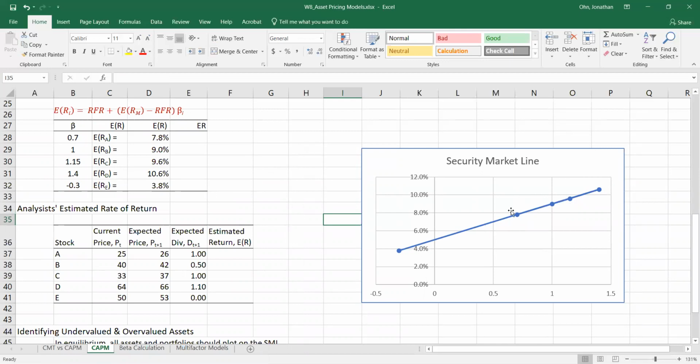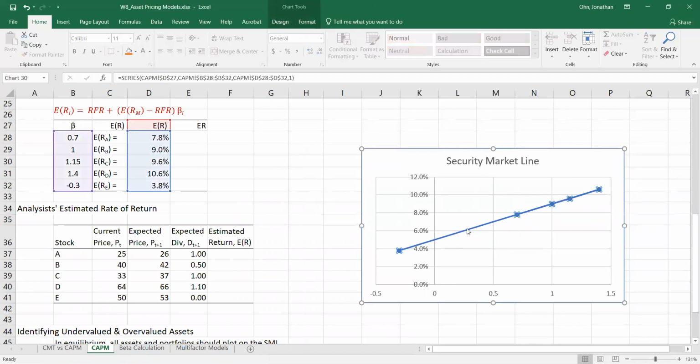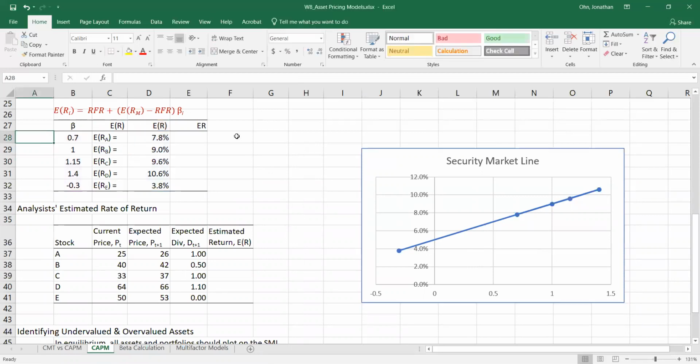Every point represents the combination of systematic risk and its expected CAPM return. So the first stock A has a beta of 0.7, and the return is 7.8% there. Stock B, beta is 1 and your return is 9%. Stock E, the beta is -3 and the return is 3.8%.